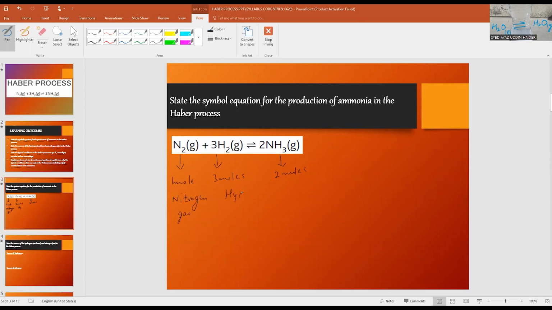This is hydrogen gas. This is ammonia gas. Forward reaction is exothermic, so we will write delta H minus.